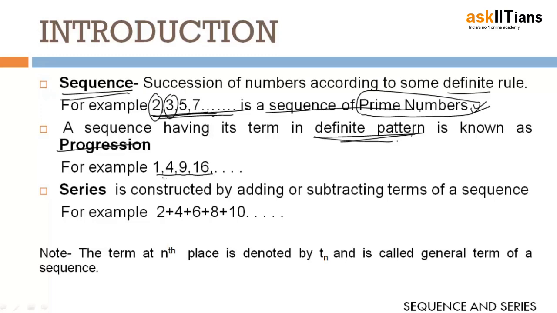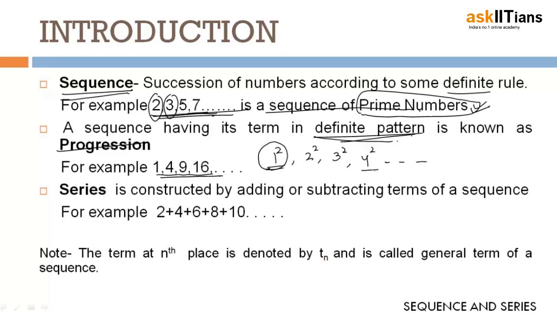For example, if we look at this series carefully, it is nothing but 1 square, 2 square, 3 square, 4 square, and so on. Can we see that the position of a term and its value can be correlated? If we take a general term, we will see what a general term is.